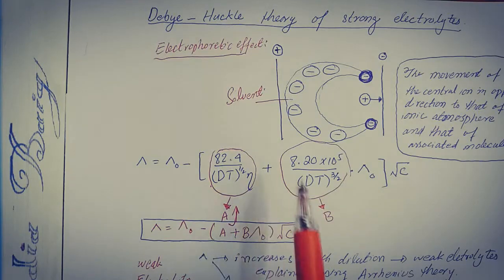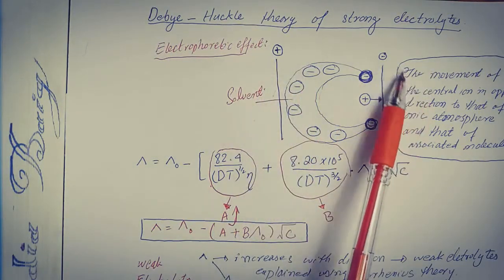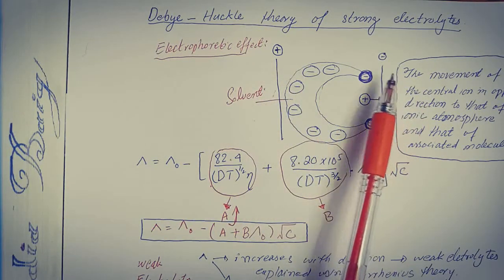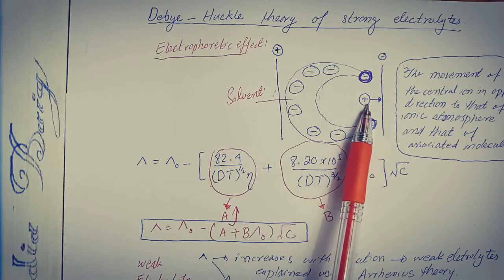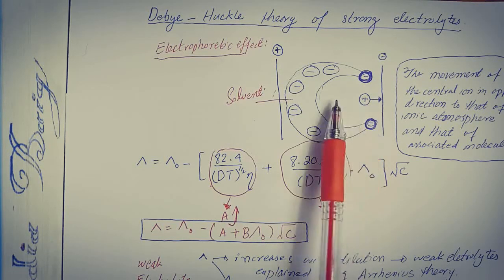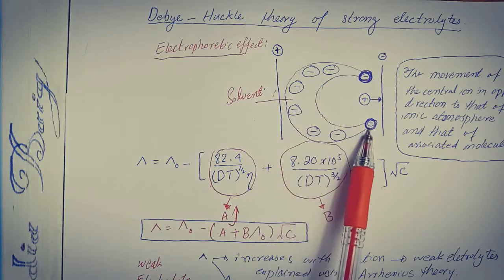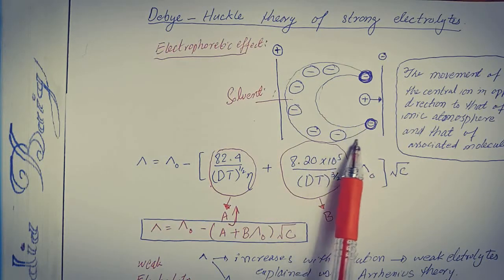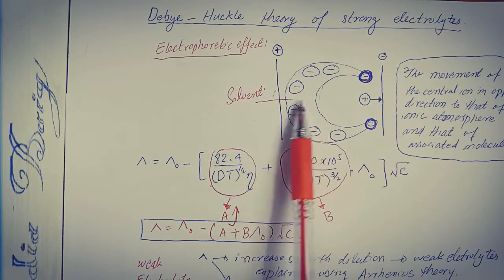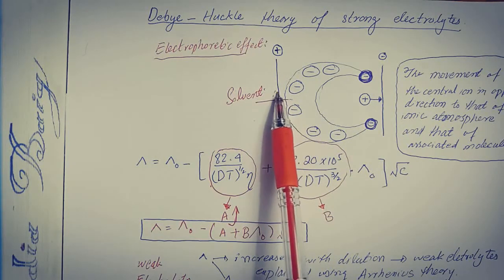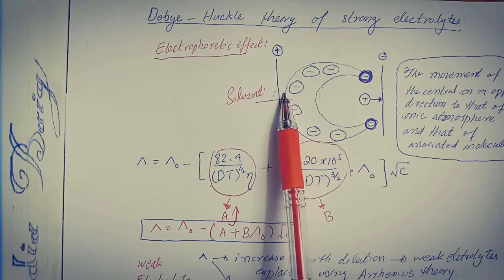So during the application of electromotive force, the central ion moves in one direction and the oppositely charged ions present in their ionic atmosphere move in the opposite direction towards the oppositely charged electrode.